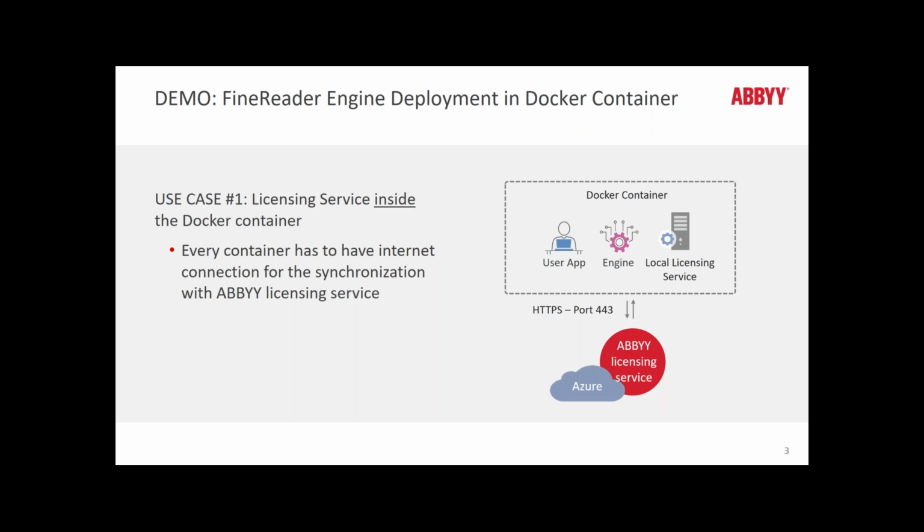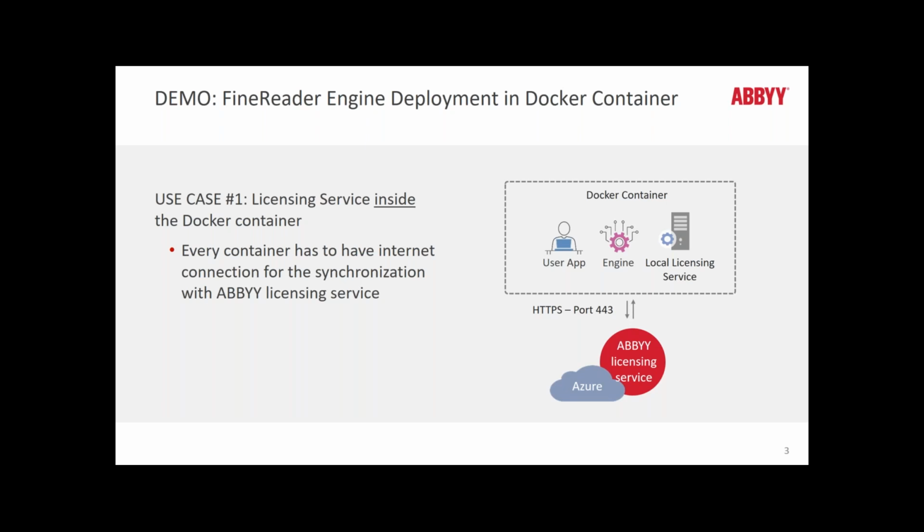For a different use case, actually the simplest one I could think of, it's the easiest setup. Even if you don't know if you want to work with containers at all, but you're curious, you want to test it, or you're thinking about adding new functionality to your environment, why not just make use of the new online license feature of the ABBYY licensing service?